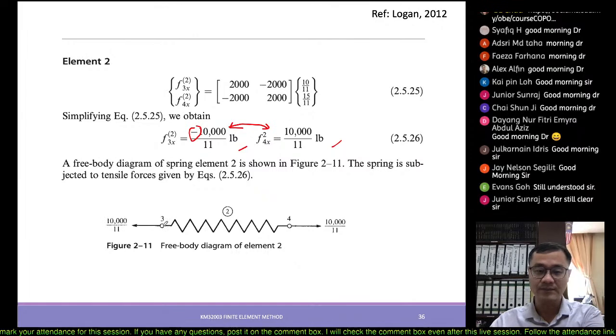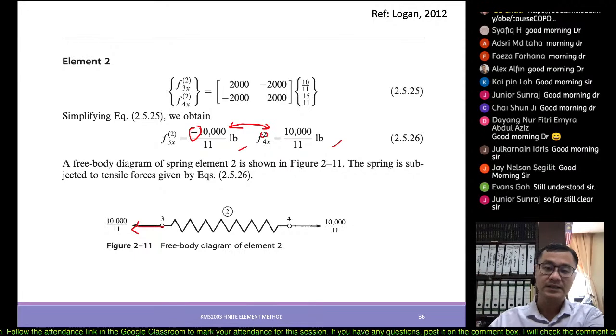So for this element number 2, this is negative going in this direction, whereas F2 4 itself is positive, moving to the right-hand side.